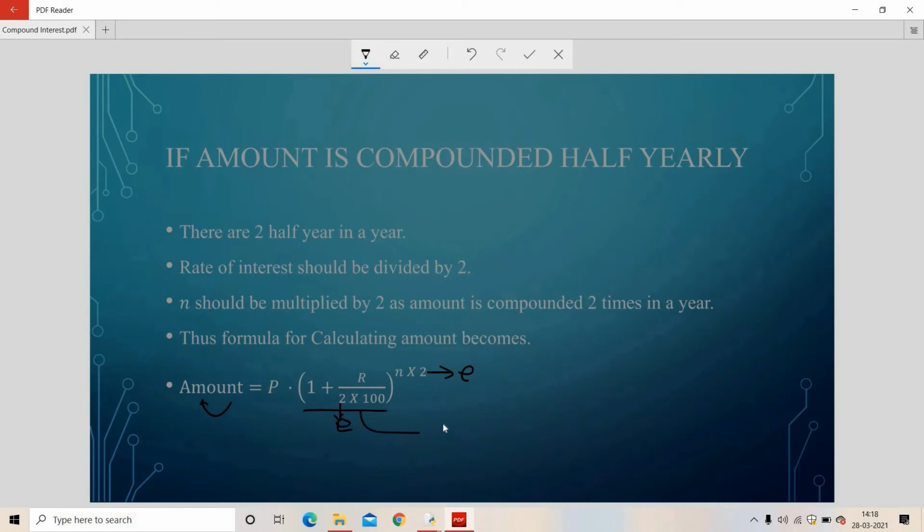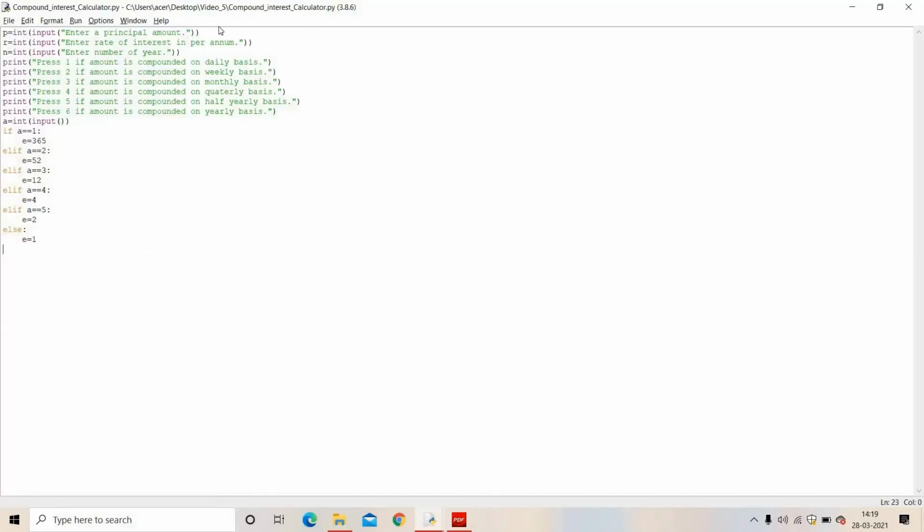So our this function will become 1 plus r upon E into 100, and our this power will become N into E. So this is nothing but X and this is nothing but N. So we will use power, and this X will come here and this N into E will come here as N. So let's see how to do this.